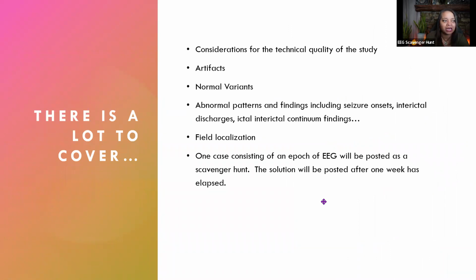So again, this was just a brief introduction. What this is not is a replacement for Niedermeyer or some of the very well-known EEG textbooks. It is not trying to accomplish learning EEG all in one session. This is trying to accomplish starting the conversation that will allow you to get an introduction to EEG as a new reader.